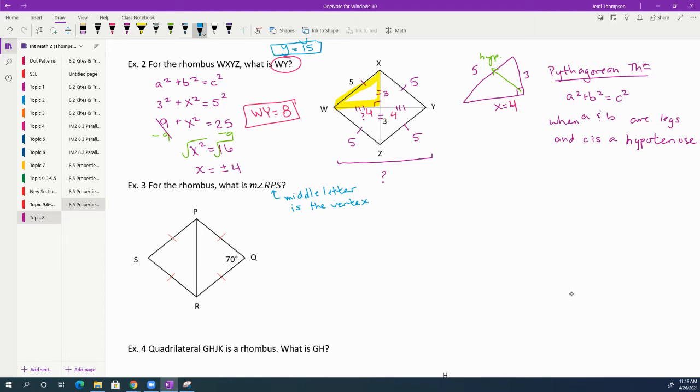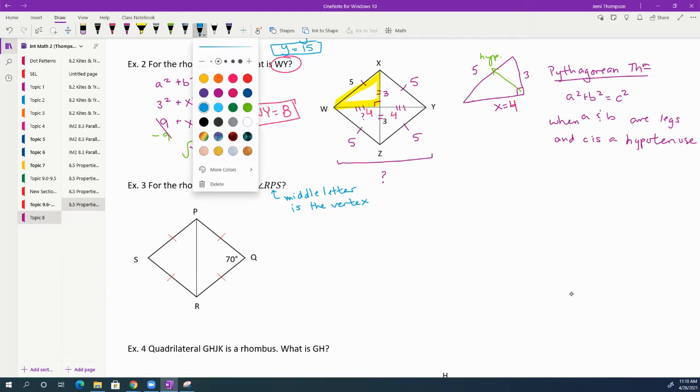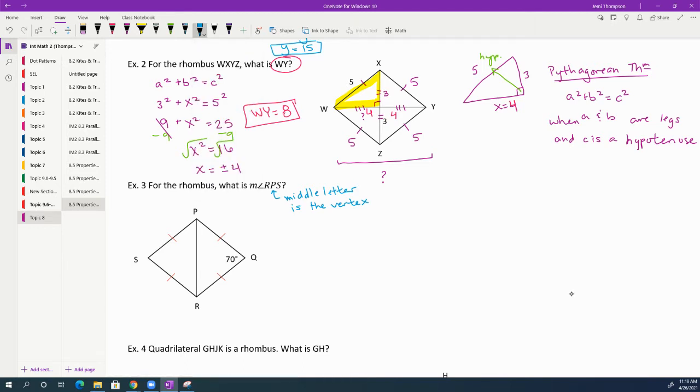So when I trace R, P, S, I'm talking about the vertex at P. I'm talking about this angle here.